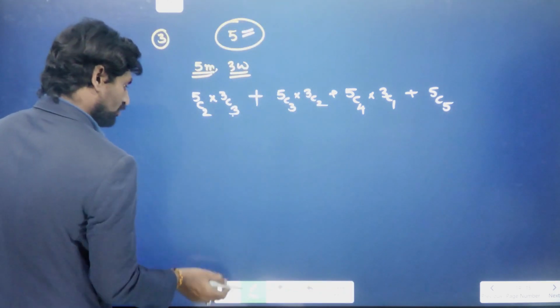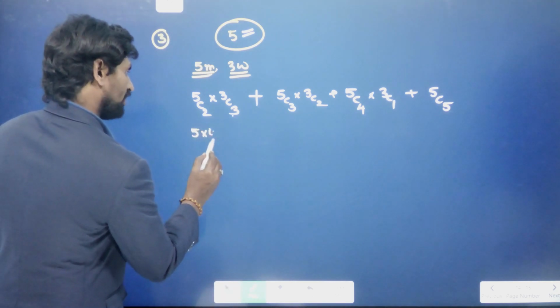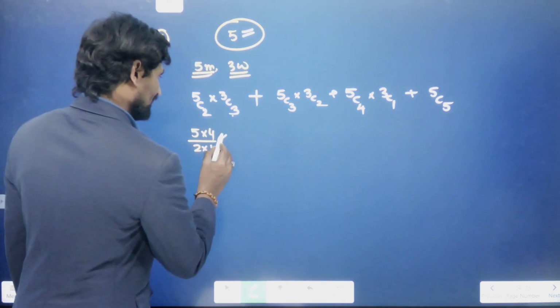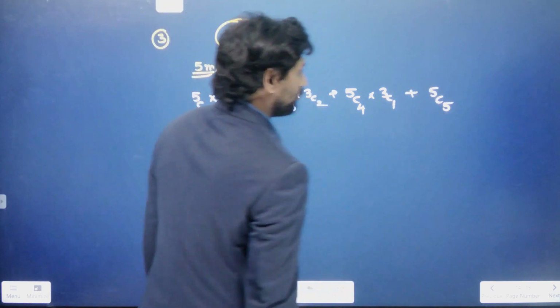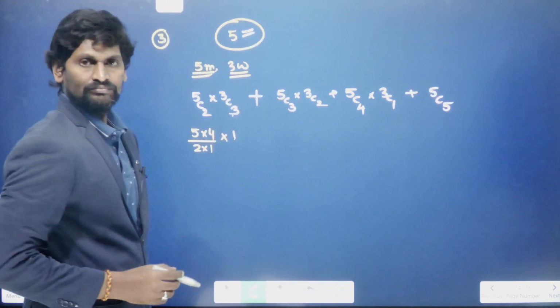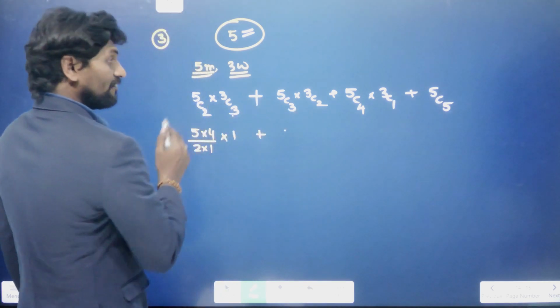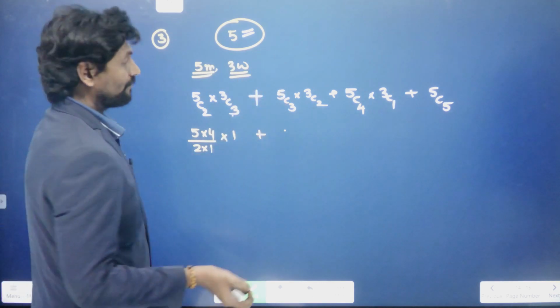5C2 value, how much? 5C2 value is 5 into 4 by 2 into 1. Okay. 3C3 value, nCn value, nC0 value, both are 1. Plus 5C3, and 5C3 and 5C2 are the same, right? Because nCr equals nC(n minus r).